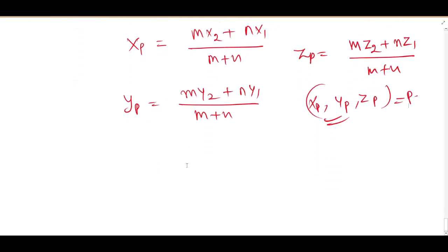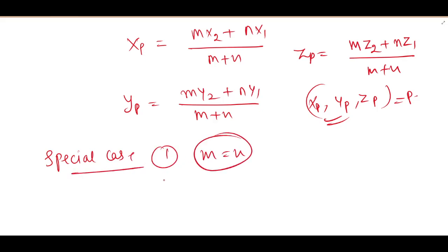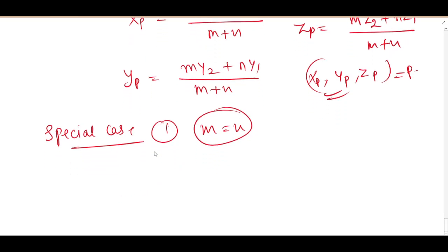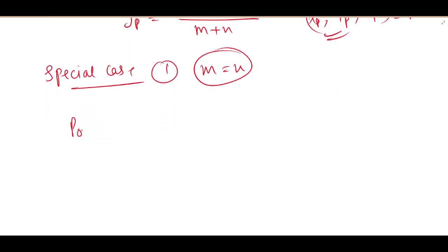Next is a special case of this section formula, when m is equal to n. When m is equal to n, then point P will divide the line segment into two halves.